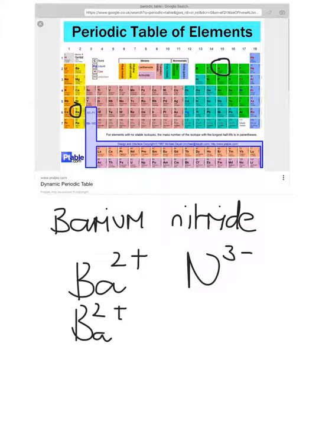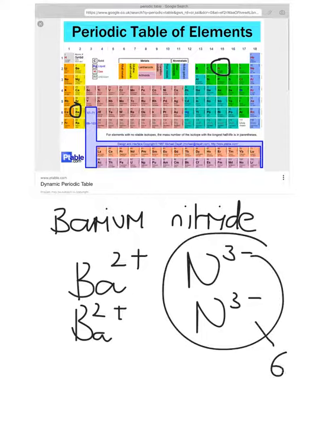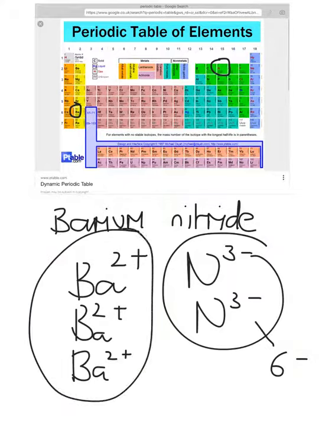So now I've got 4 pluses but only 3 minuses. So I need another minus, N3- like so. So now I've got 6 minuses altogether, but only 4 pluses at the moment for barium. So let's put another barium, Ba2+. So that gives me 6 pluses and 6 minuses. So the formula is Ba3N2.